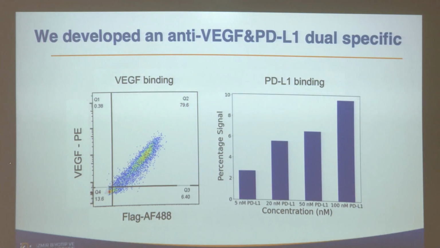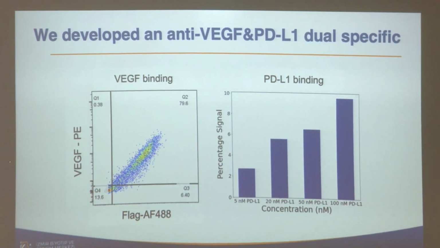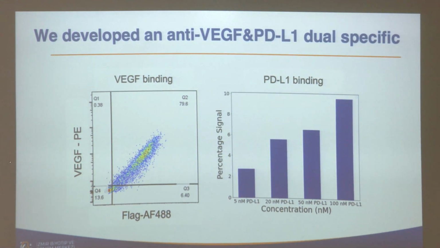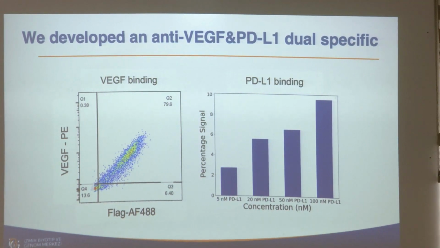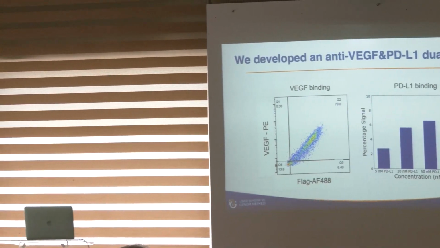But if there is steric hindrance, it can bind one or the other. It depends on the paratope hindrance, right? So our approach was to prove our proof of concept. It can bind. Right now, we are also trying to do some competition assays, and it seems like it is competitive binding, so it cannot bind two at the same time. But it is not important.